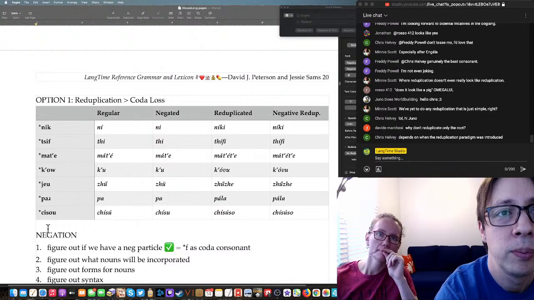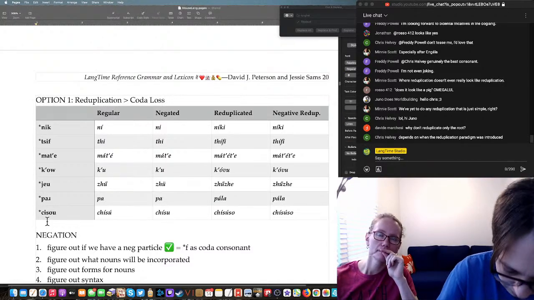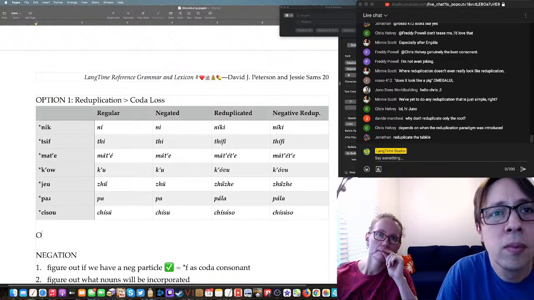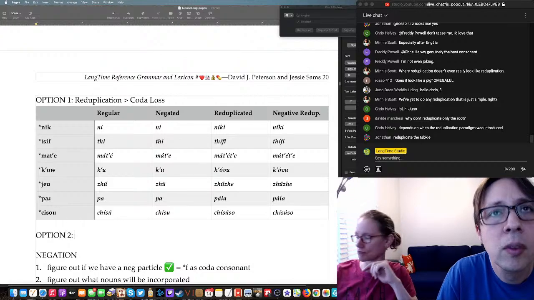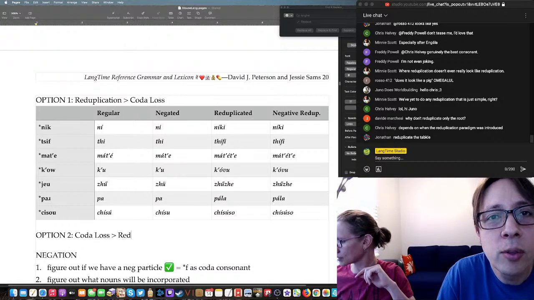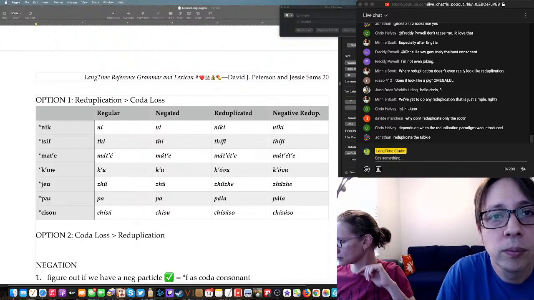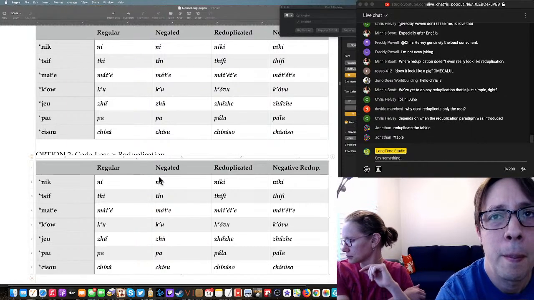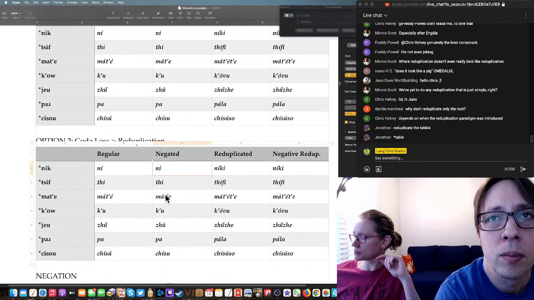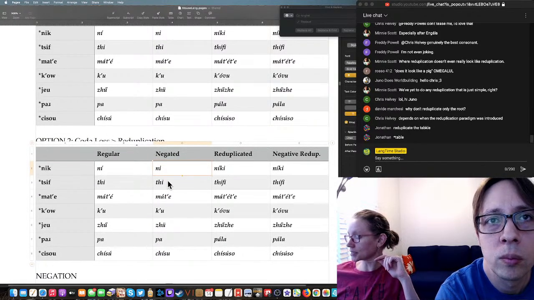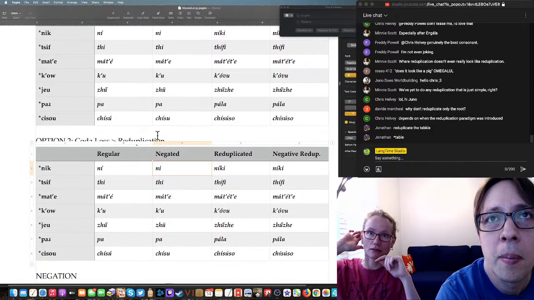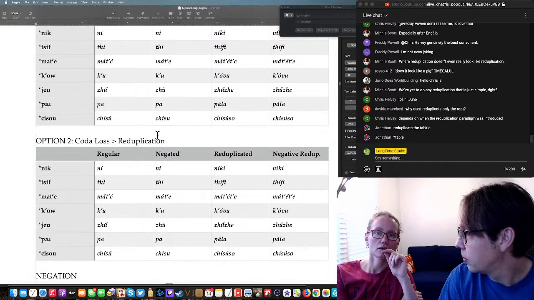Option 2, coda loss, then reduplication. Do you want to specify, because technically, yes, before I get into it.